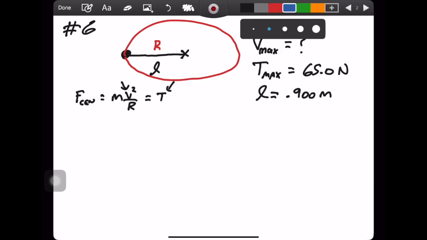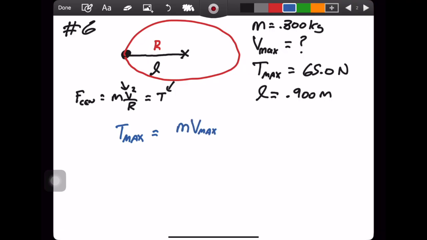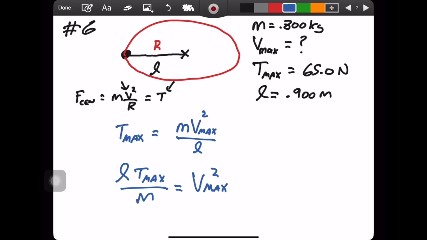And so that is to say that our Tmax is equal to the mass of the stone times Vmax squared over L. And we want to solve for Vmax. So what I'm going to do is multiply both sides by L and divide both sides by M. So L Tmax divided by M is equal to Vmax squared.